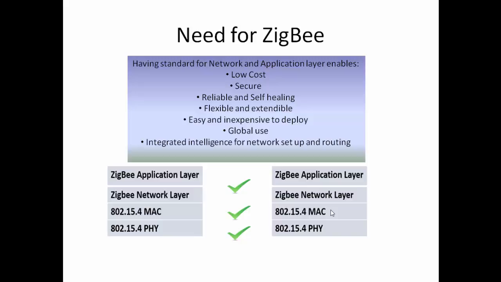Application layer ensures that it is flexible and extendable. And again, since this is a standard, it is easy and inexpensive to deploy. The 15.4 use ensures that it can be used globally, and since the network now can be extended and more nodes can be added, there is integrated intelligence in the network.